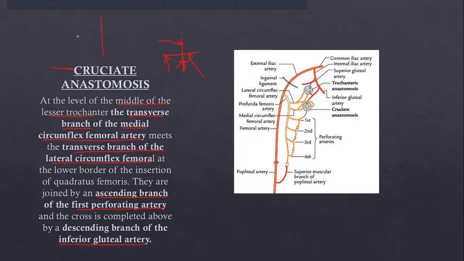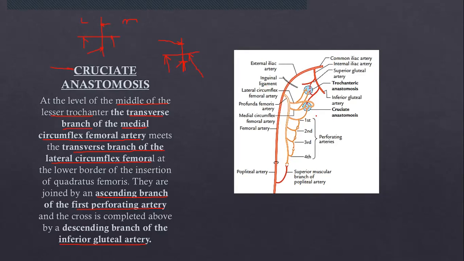So just draw a cross like that. If this is the medial side, and this is lateral, this is the transverse branch of medial circumflex femoral artery, transverse branch of lateral circumflex femoral artery. This is the ascending branch of the first perforating artery, and this is the descending branch of the inferior gluteal artery.